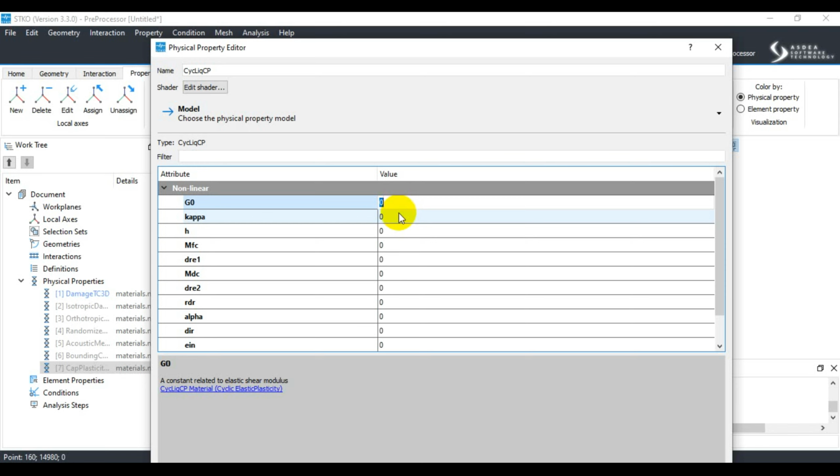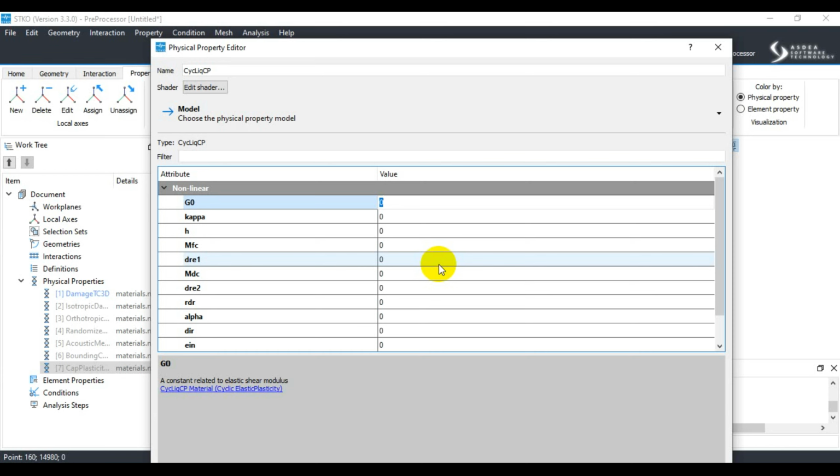As for the nomenclature, CYC stands for cyclic, LIQ stands for liquefaction, and CP stands for clay plasticity model here. This is an elastic-plastic model that also covers the cyclic deformation with the plasticity.